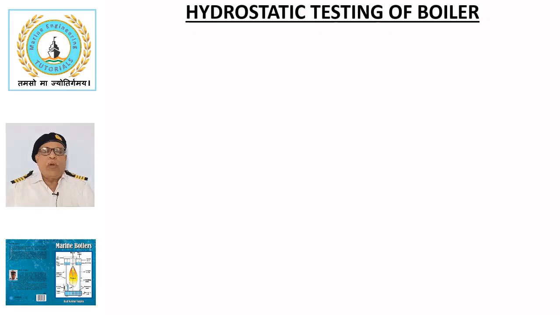Hydrostatic testing of boiler. After the erection of a new boiler or after carrying out extensive repair, the boiler is subjected to hydrostatic testing with the following procedure. Isolating the boiler. All the mountings are removed and stub pieces blanked off except for the air vent.